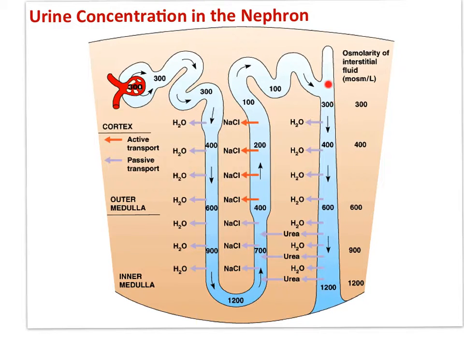The filtrate, as it enters the collecting duct, is relatively hypotonic, but as it passes down through the medulla, the water flows out back to the bloodstream, and the filtrate becomes more and more concentrated, and this filtrate will flow into the pelvis of the kidney on its way to become urine in the bladder.